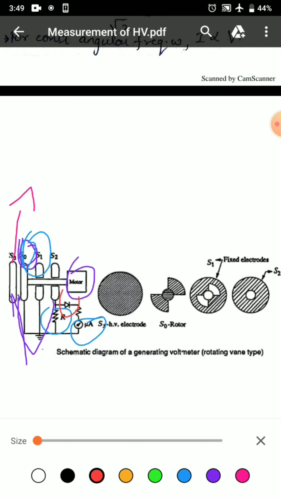An amplifier is needed if shunt capacitance is large or longer leads are used for connection to the rectifier and meter. The instrument is calibrated using a potential divider.